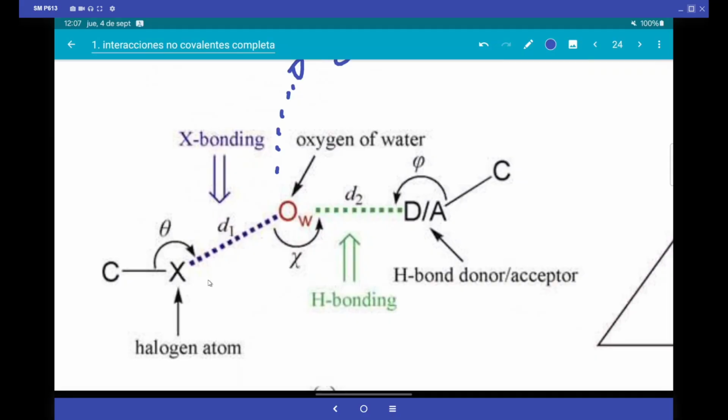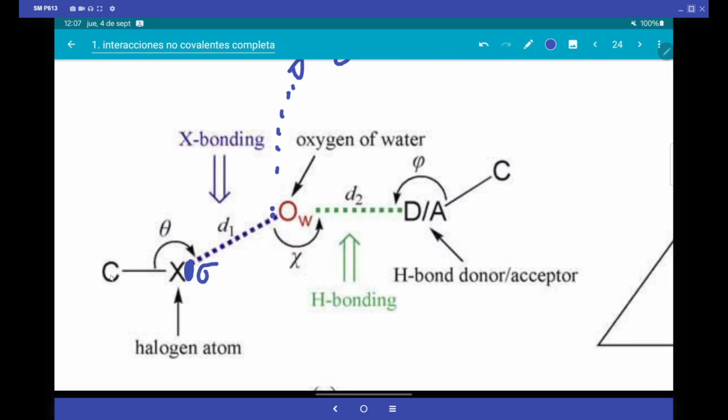This has value when you find it in the crystalline structure of a protein. Here is the halogen, interacting with the oxygen of the water. Therefore, it is the sigma hole with the electronic pair of the oxygen of a molecule of water.